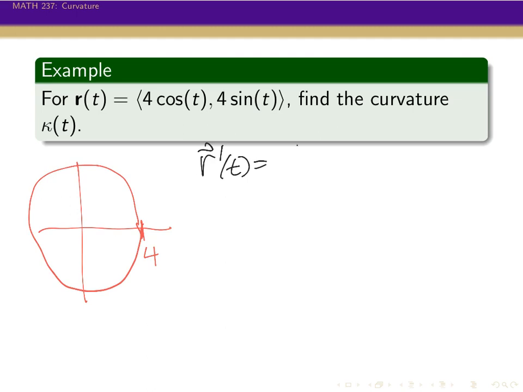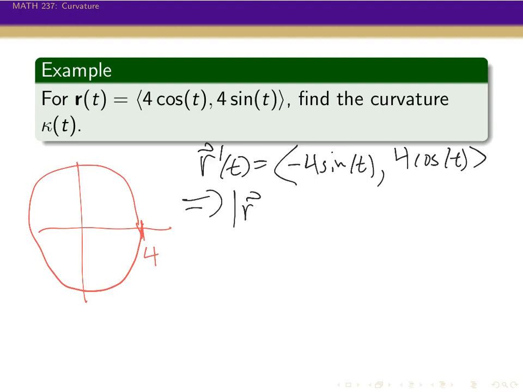The derivative of 4 cosine is minus 4 sine, and the derivative of 4 sine is 4 cosine. The speed, the magnitude of this, we can pull the 4 out, and then it's sine squared plus cosine squared, which is 1. So the speed here is always 4.